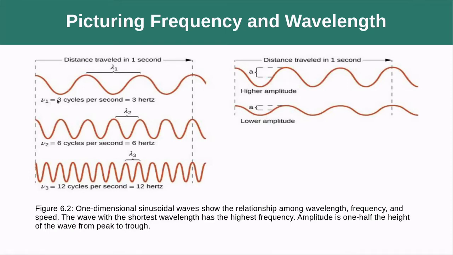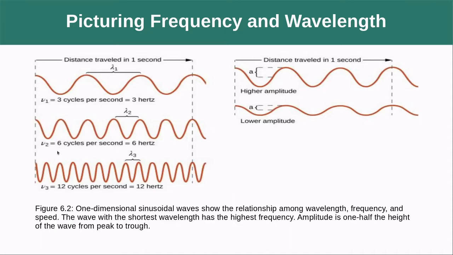So our frequency is 3 cycles per second, or 3 hertz. Here we are traveling 1, 2, 3, 4, 5, 6 wavelengths across in 1 second, and we now get 6 cycles per second, or 6 hertz.